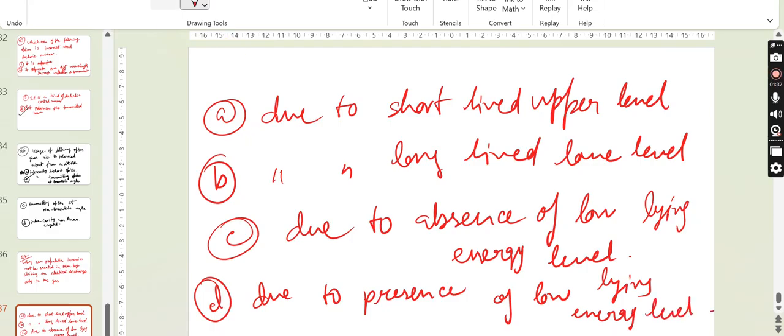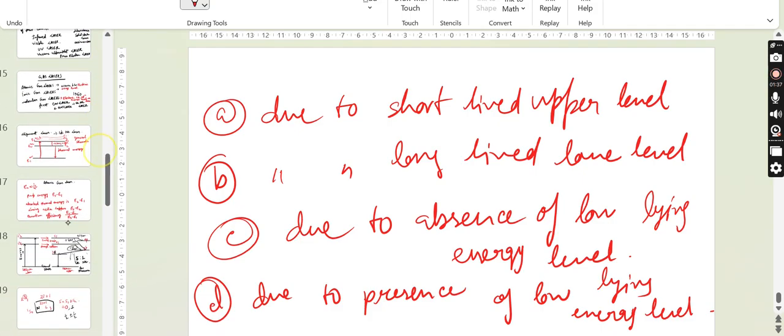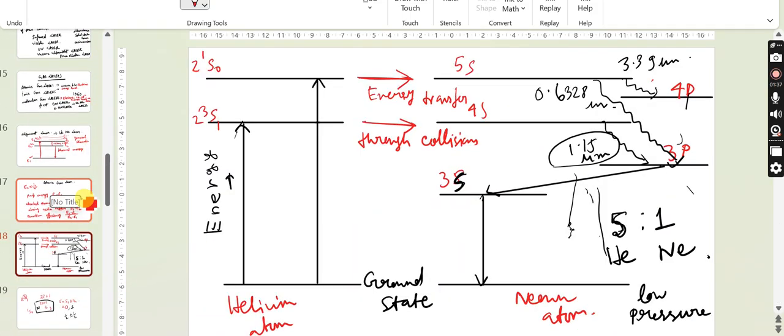So basically, you can see here that the energy level 2s of helium is equivalent to the 4s. The energy mismatch between these 2s and 4s is very minimal, and that has been compensated by thermal dissipation. So this is at 3s.